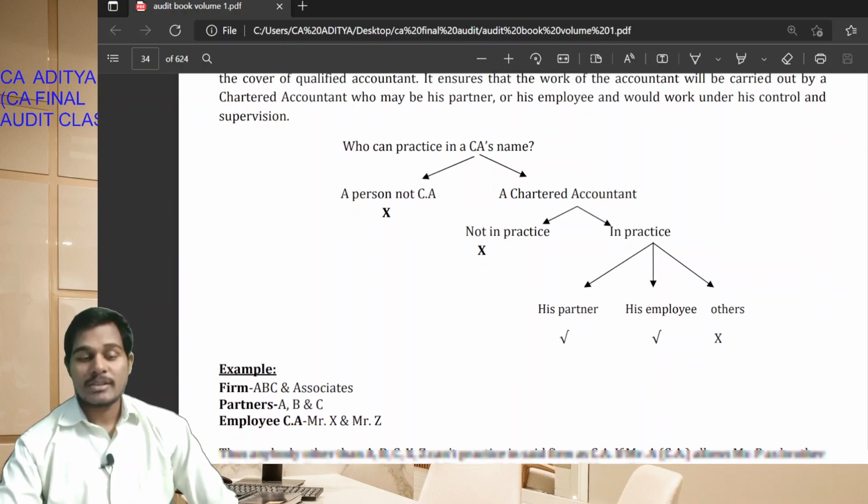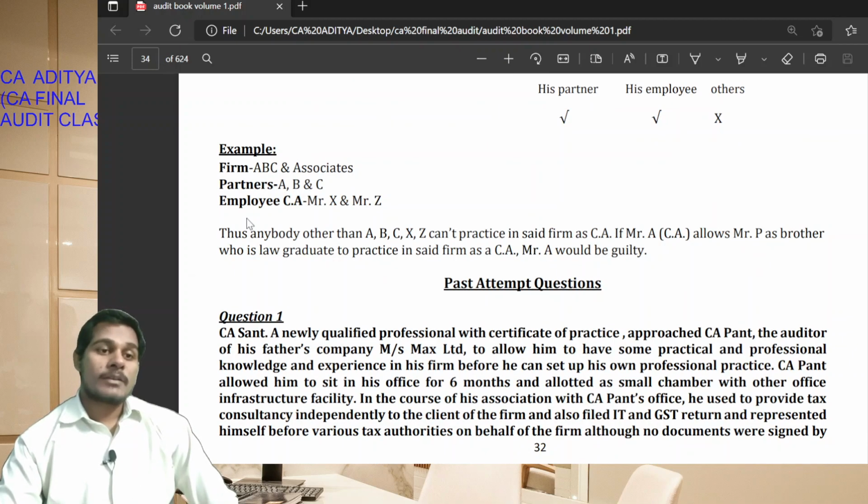Example: firm ABC Associates, partners A, B and C, employees CA Mr. X and Mr. Z. Thus anybody other than the partners of ABC and the employees X and Z cannot practice in the said firm.